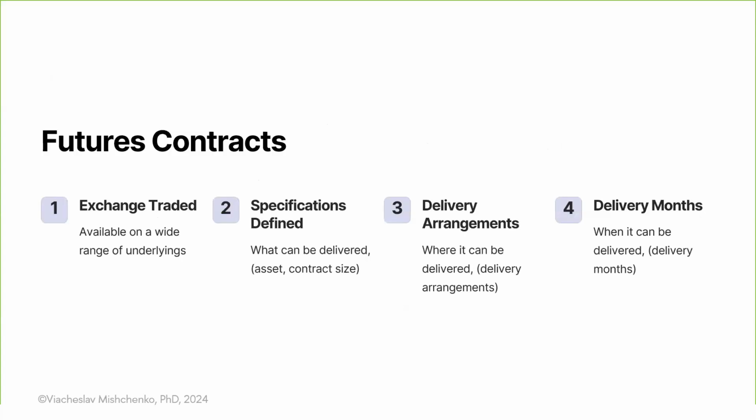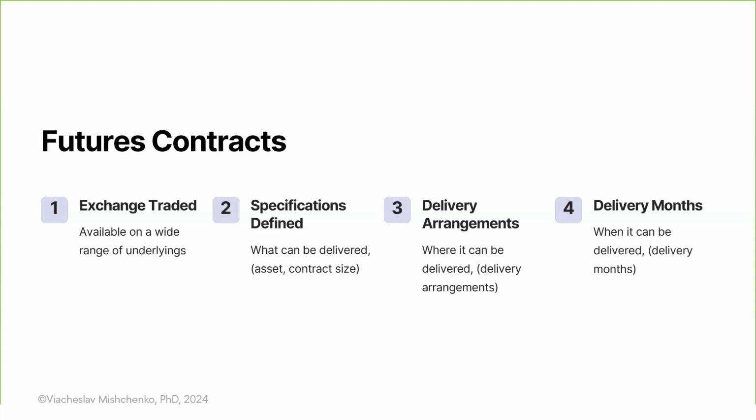So let's talk about the futures contracts, which are very similar to the forwards but different. Moving to the futures contract, we can see they share similarities with forwards, but have some differences. First of all, futures are standardized and traded on exchanges.